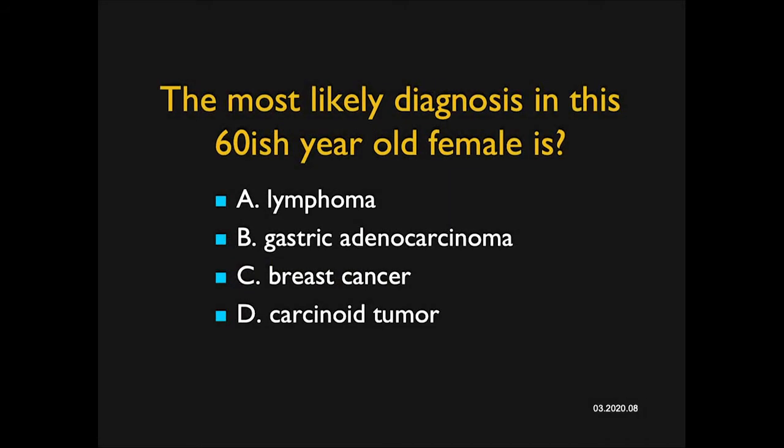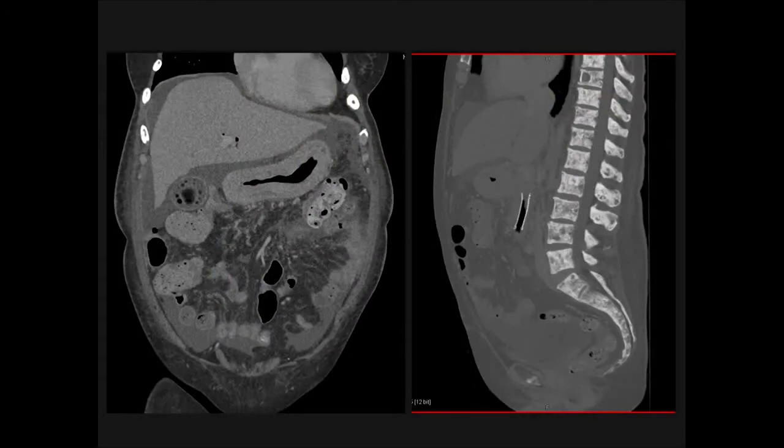The most likely diagnosis in this 60-ish-year-old female is, and this is a very nice case because you have 2 findings. One is widespread blastic bone metastasis. The other is ascites, but more important, beyond the ascites is a diffuse gastric wall thickening in the appearance of linitis plastica. Lymphoma can give you bulky tumor, rarely giving you sclerotic bone lesions.